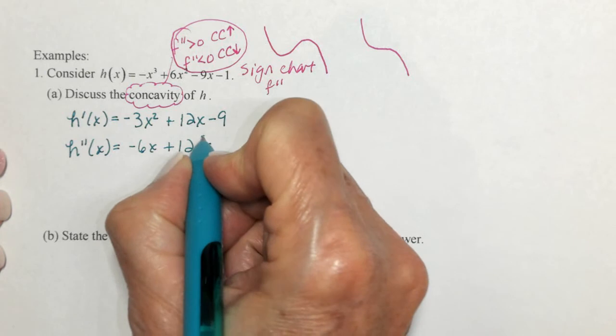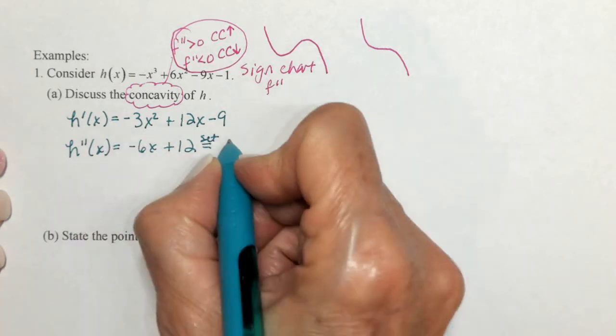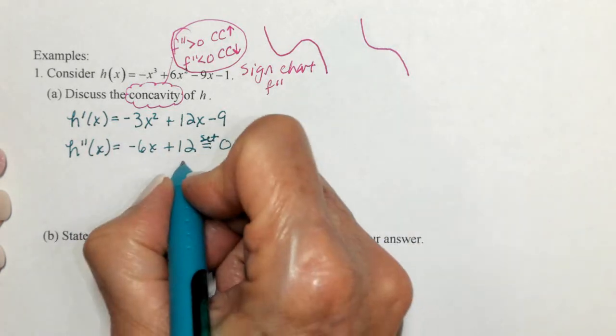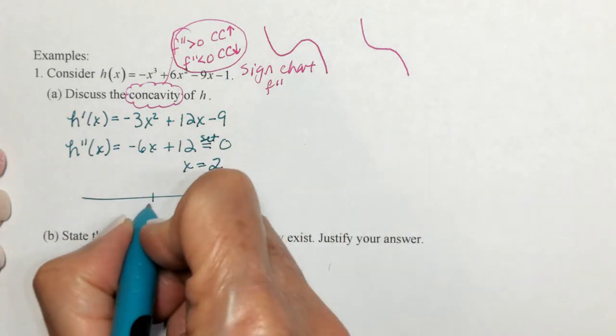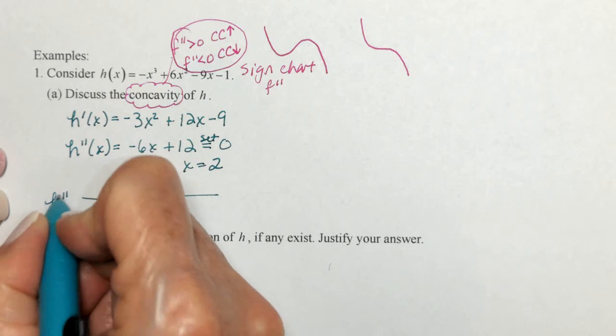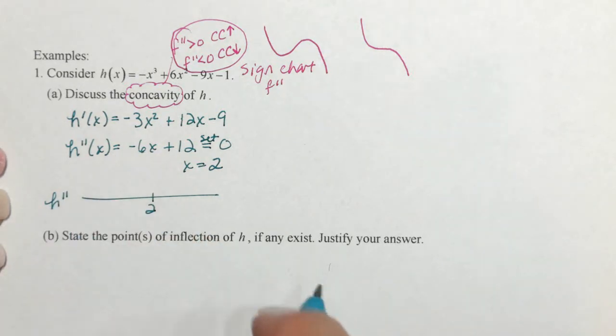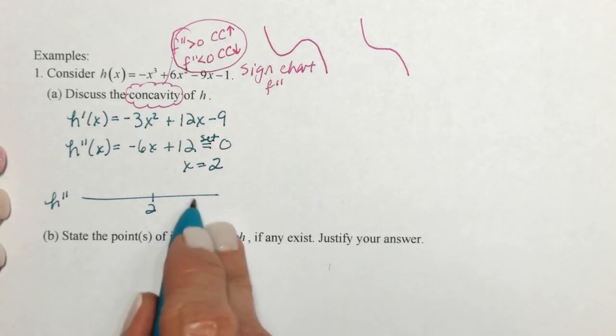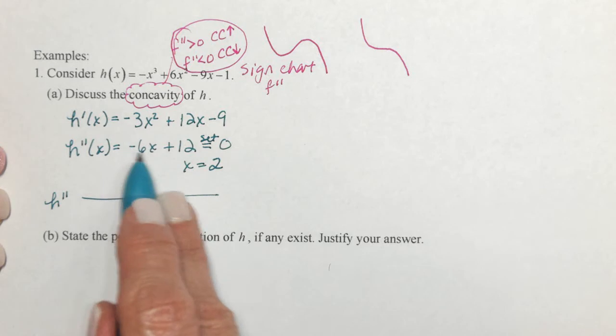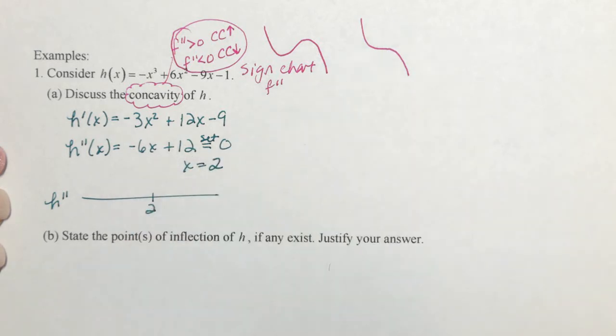So I'm going to set this H double prime equal to 0. We're going to get x is equal to 2 there. Put that on a number line. We're testing H double prime this time because that's for concavity. To the right of 2, if I put something like 5 in, I'll have negative 30 plus 12. That's negative over here.